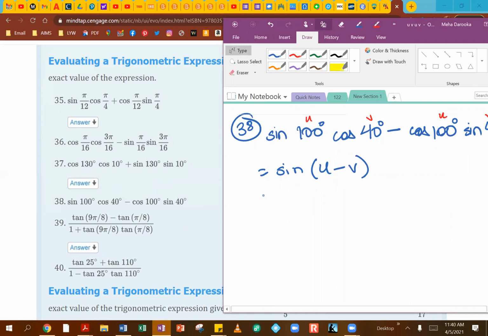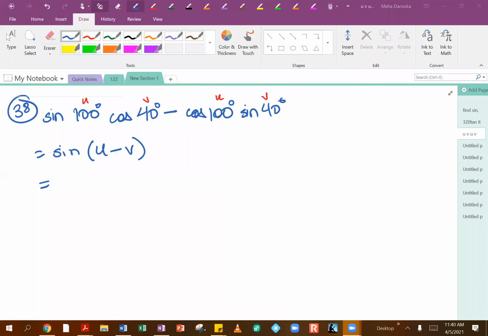So what does this simplify into? Yeah, sine of 60, right?